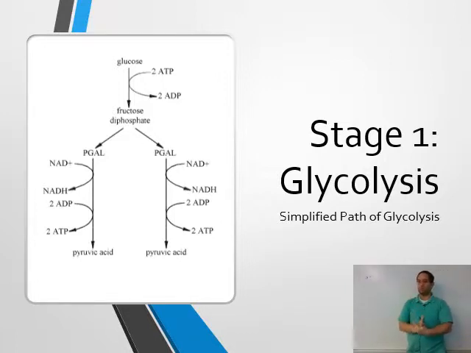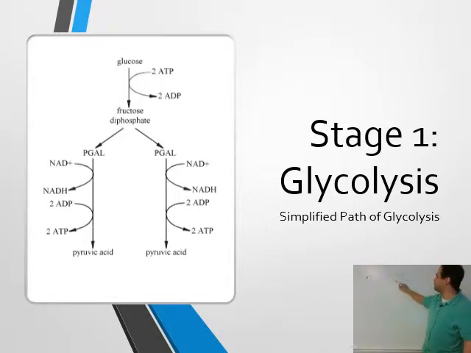What happens when you break a bond? Energy is released. In this case, energy is released in the form of NADH and ATP. So we break down 2 ATP, so we go minus 2 ATP. We gain 4 ATP. So for you business majors, what is our net total ATP for this reaction?